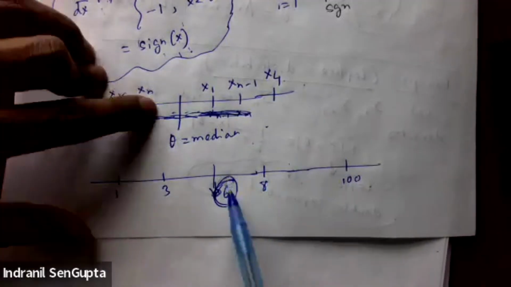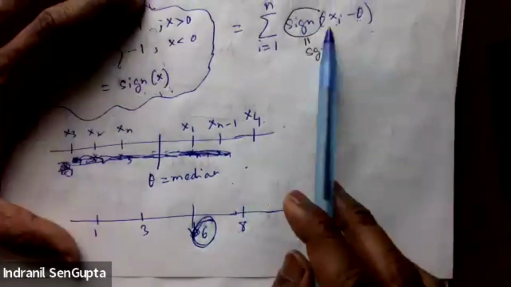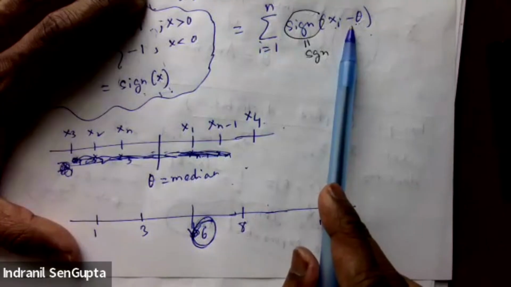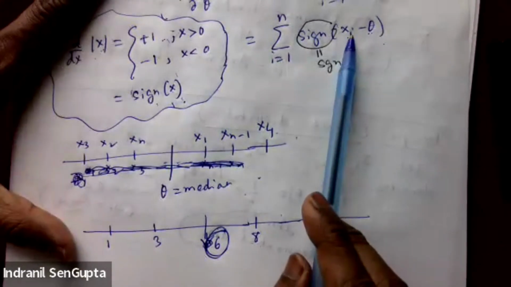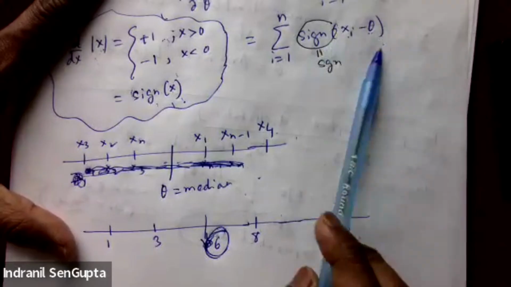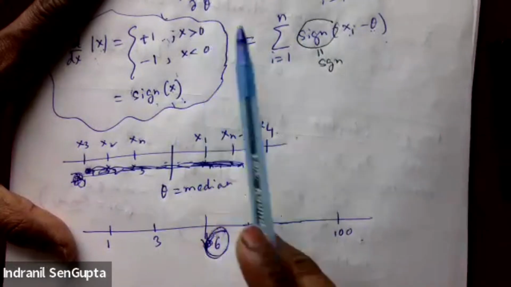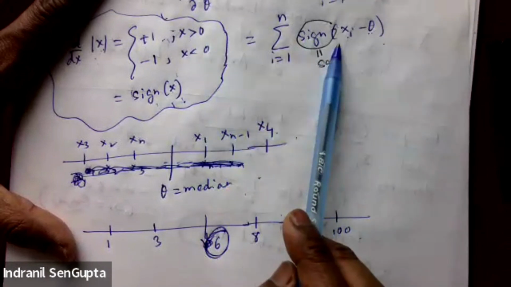You see that if n is odd, and theta is chosen to be the median, then there is the same number of positive values and negative values, so it cancels, and the median value is picked up as the one that gives 0.